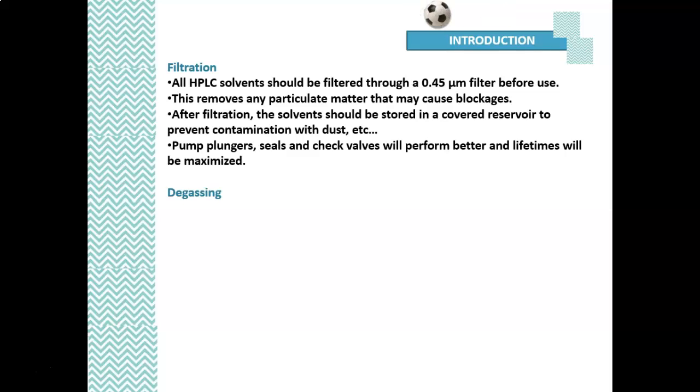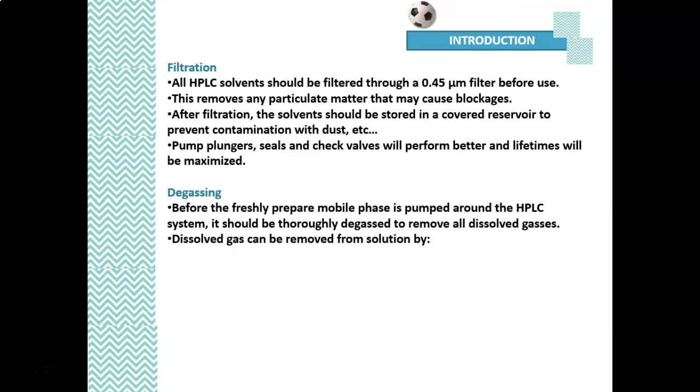After you filter the solvent, you must flow the solvent through the column first before you run the experiment. You also need to do a degassing step before the freshly prepared mobile phase is pumped around the HPLC system. It should be thoroughly degassed to remove all dissolved gases.